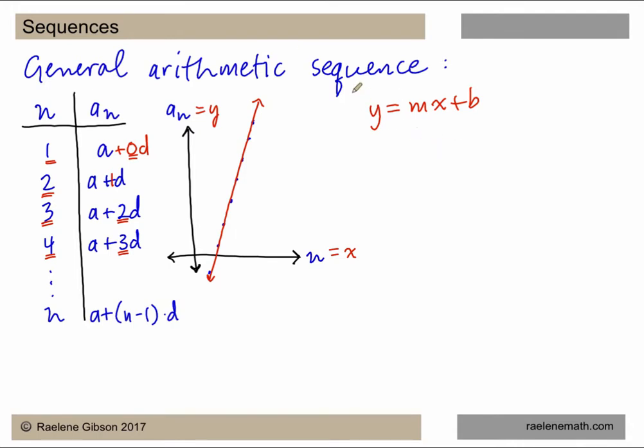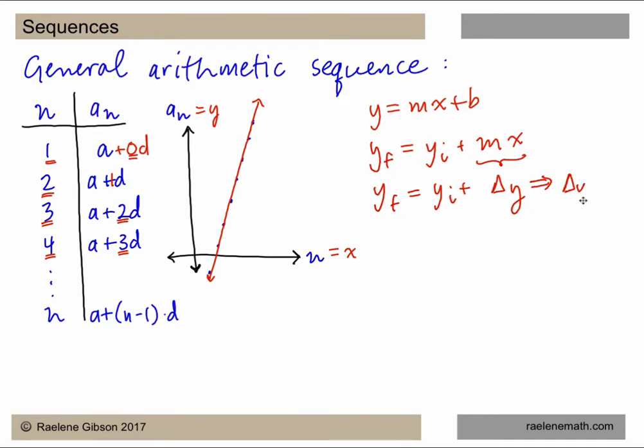So we can rearrange this y equals mx plus b to be y final equals y initial plus mx, which is just an extension or a rearrangement of the definition of delta, the change in one variable. We know that delta y is equal to y final minus y initial. And so we have the arithmetic sequence formula.